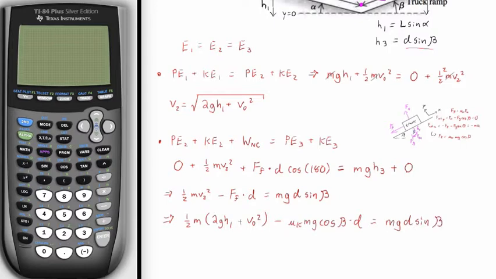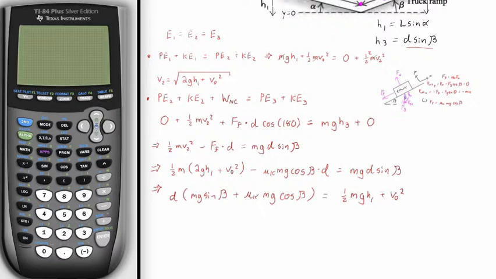We then put both our d terms on the same side. So we factor out the d: mg sine beta plus mu k mg cosine beta is going to equal 1/2 m times gh1 plus v naught squared.